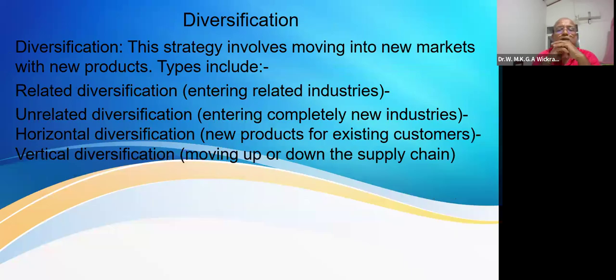So diversification is new product into new markets. Now there are four under diversification: related diversification, unrelated diversification, horizontal diversification, vertical diversification.